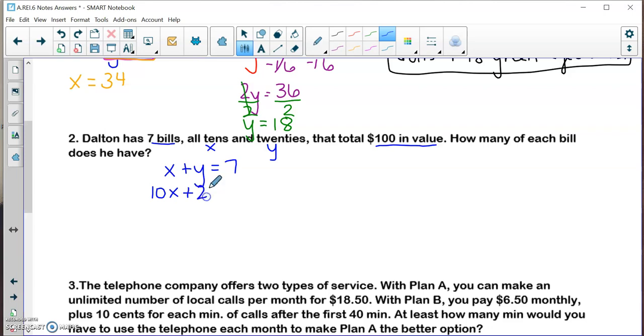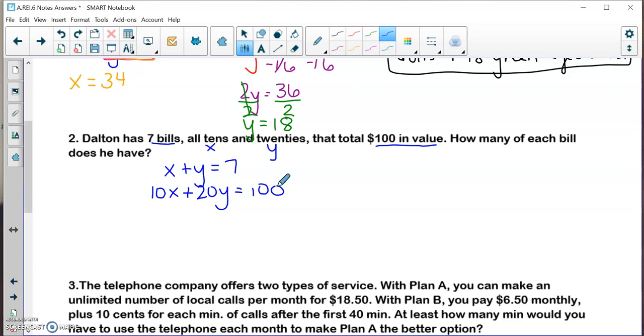So if I do 20 times the number of $20 bills, y, that would give me the total amount of $20 bills that I have. And if I add both of those together, that would give me my total value, which is $100.